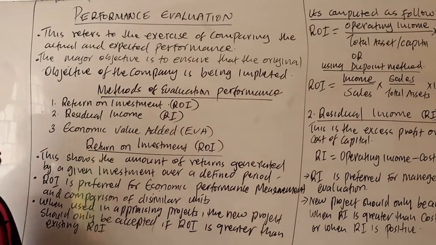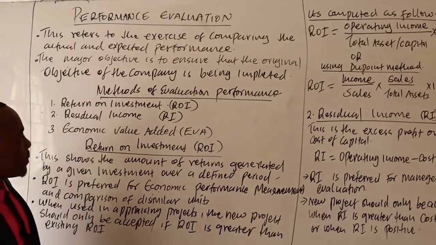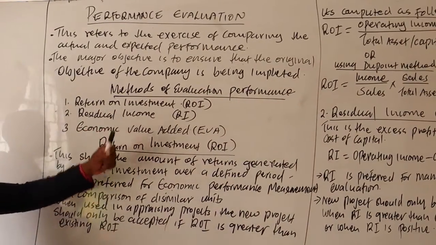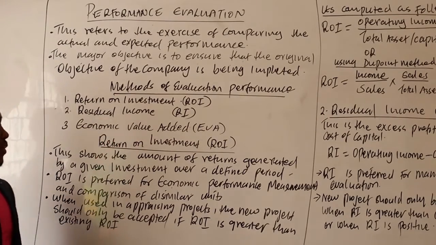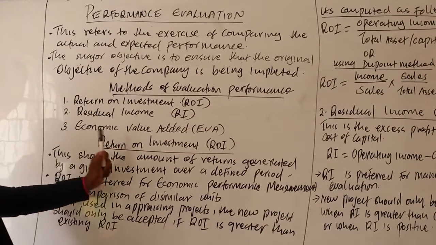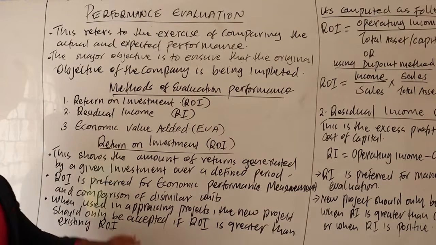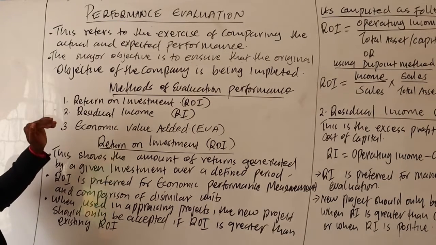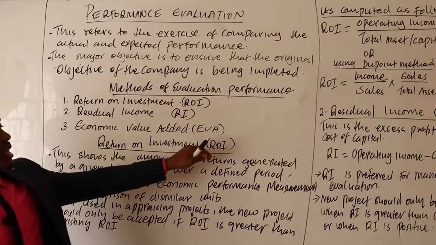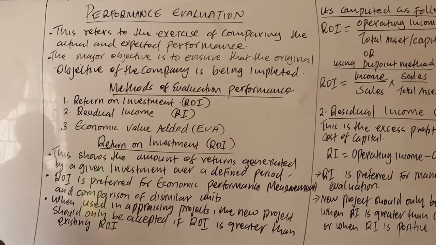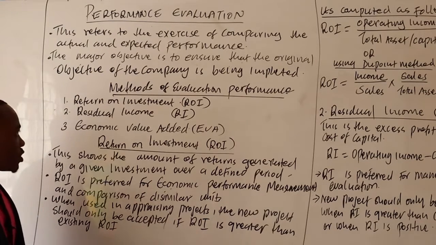So we'll be looking at three major performance evaluation methods. One is the return on investment. Number two, we have residual income. And number three, we have economic value added. We shall be evaluating each at a time. But just to give you a summary, return on investment is mostly preferred when performing what we call an investment appraisal method, or when you are evaluating a project.